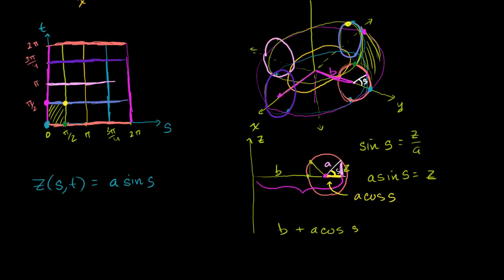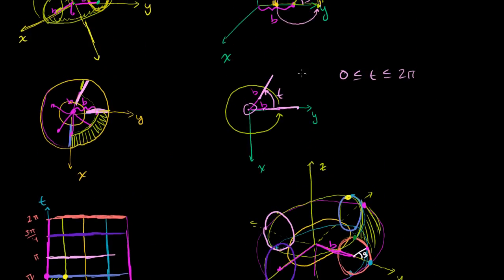So if you look at these top views, no matter where we are, that is b. And let's say we've rotated a little bit. That distance right here, if you look along the xy plane, is always going to be b plus a cosine of s. That's what that distance is to any given point, depending on our s's and t's.